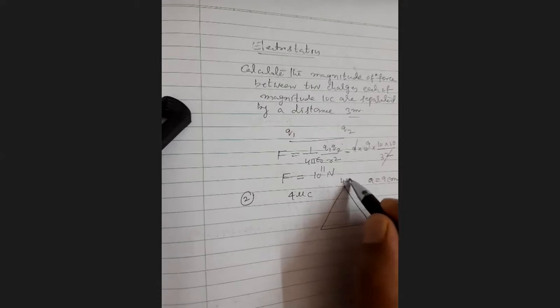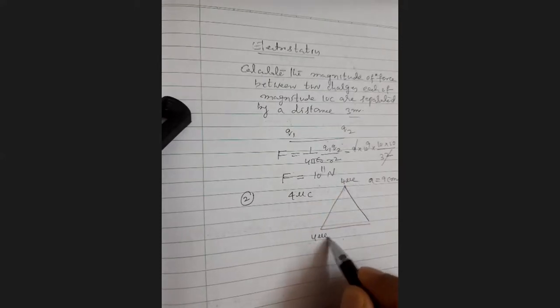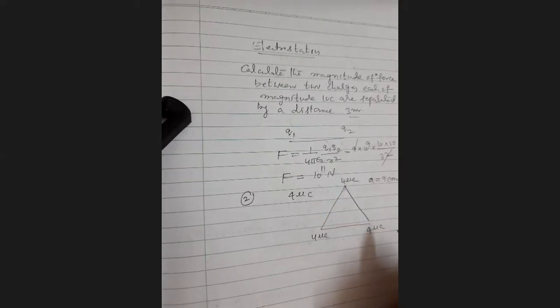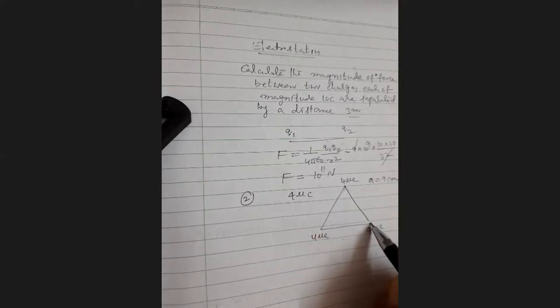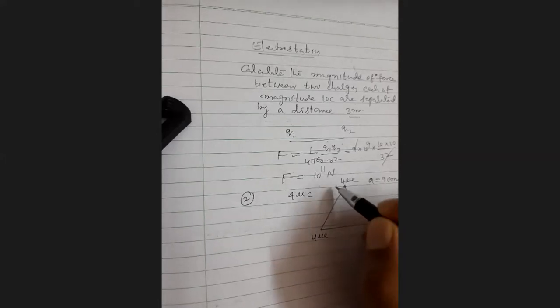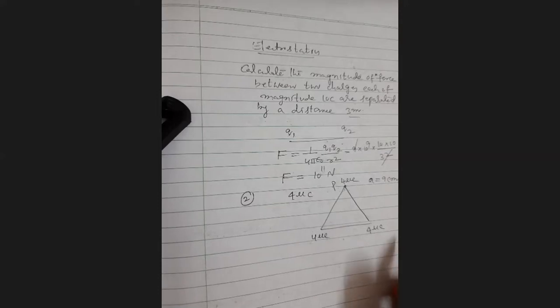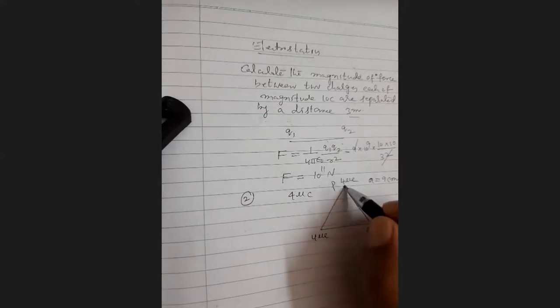So here 4 microcoulomb, 4 microcoulomb, 4 microcoulomb, three identical charges kept at the vertices of an equilateral triangle. So we have to calculate the force on any charge. Let us take this one and calculate the force at this charge.